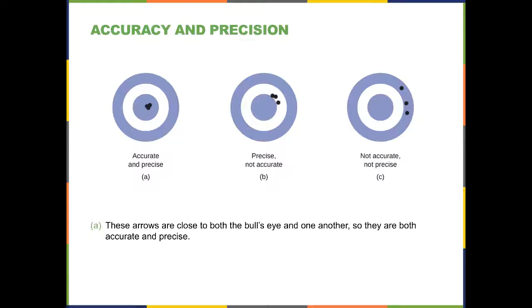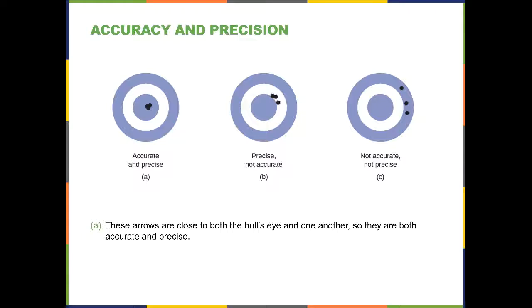So accuracy is a measure of how close you are to the truth, or in this case, how close you are to the bullseye. Precision, on the other hand, is how close each measurement or each attempt is to each other.